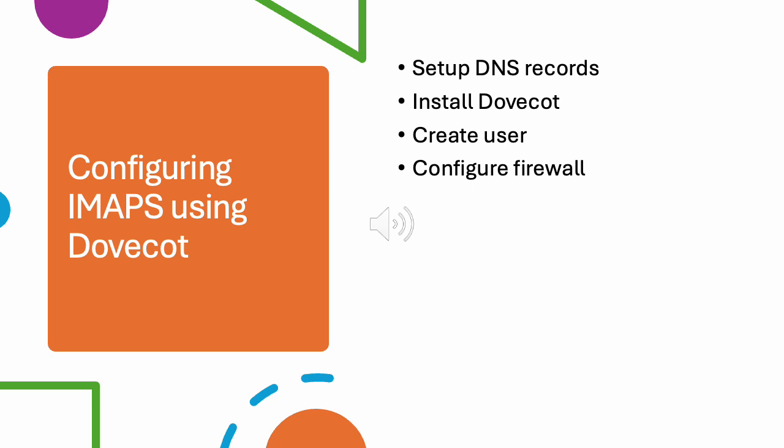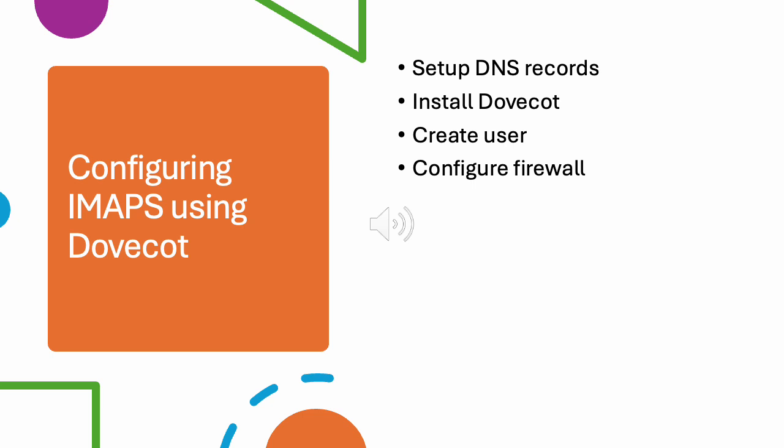After that, you would install Dovecot, which is a widely used open source IMAP server that provides high performance mail delivery. Installing Dovecot on a Linux-based system such as Ubuntu is a straightforward process.